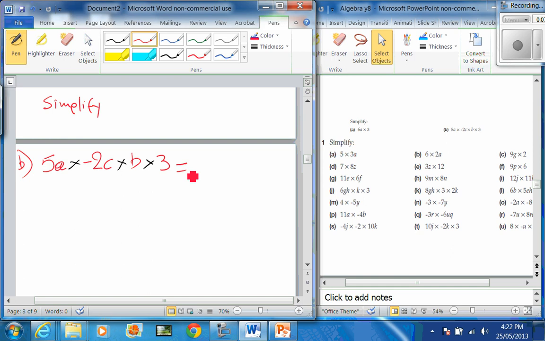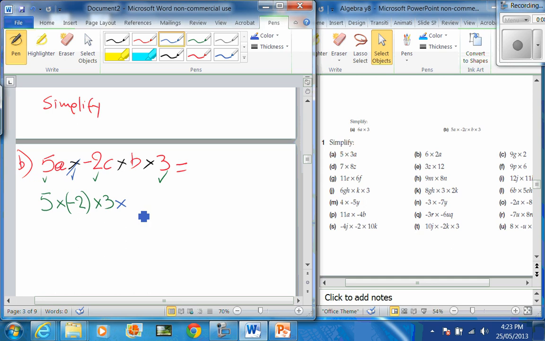Okay? So let's see how I'm going to do it. Remember, when I have the multiplication sign, I just take it away. I just delete it. So how am I writing this? I'm going to write 5 times minus 2 then times 3. Perfect. And then I have my letters all together.